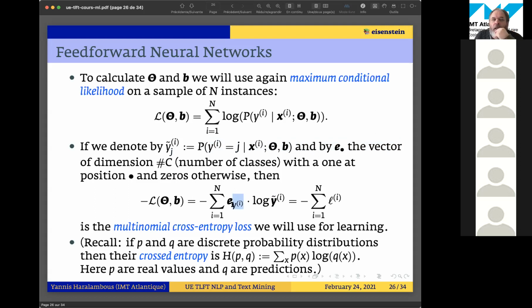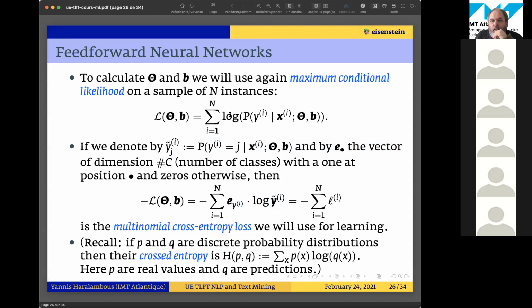Which means that if I multiply this vector by this vector, I get exactly this. Okay, it's a trick.